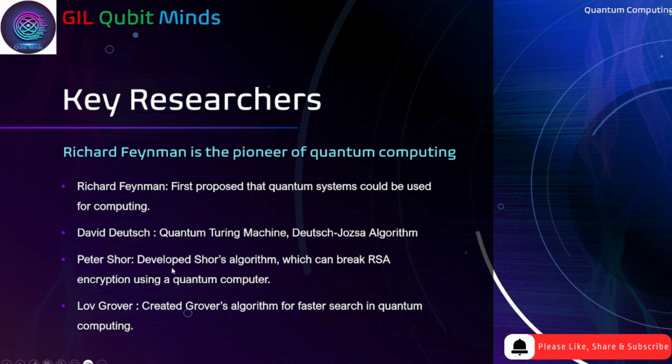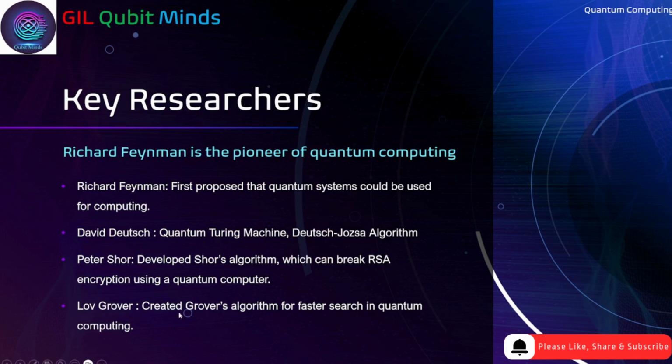Peter Shor developed Shor's algorithm, which is a tremendous algorithm. It can break RSA encryption using a quantum computer. So nowadays researchers are building quantum-safe encryption algorithms, meaning encryption safe from quantum computers, to make it more secure.